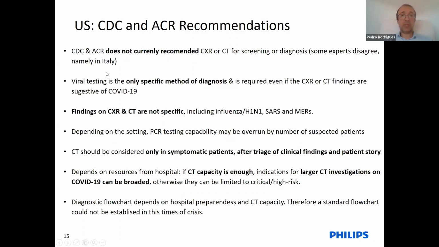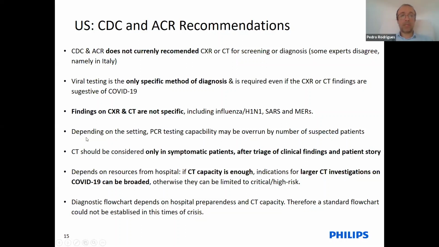If PCR is available, it is considered to be the only specific method of diagnosis, even if the chest X-ray or CT findings are suggestive. This is because the findings are considered not specific, since they might overlap with influenza, H1N1, and adenovirus. SARS is not in circulation today.